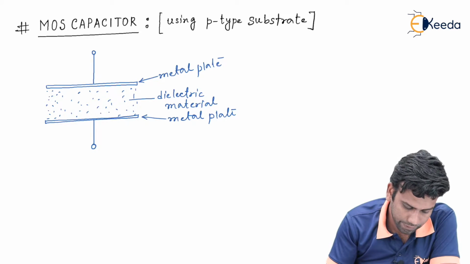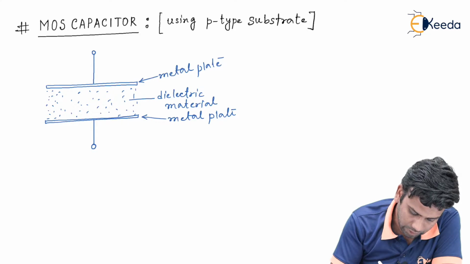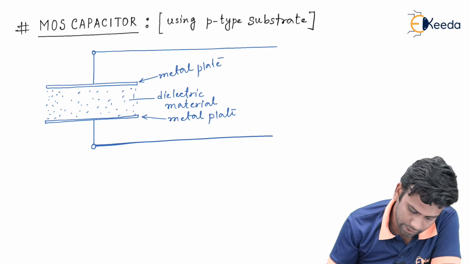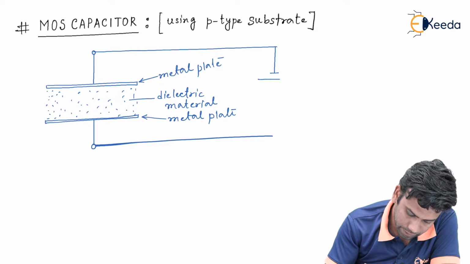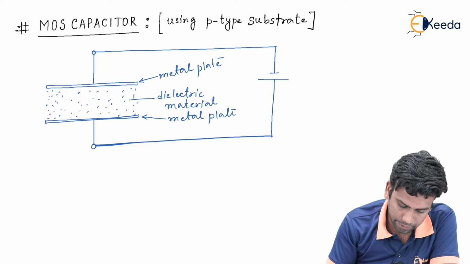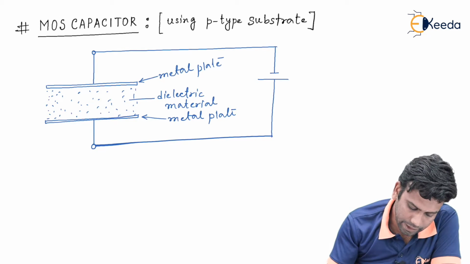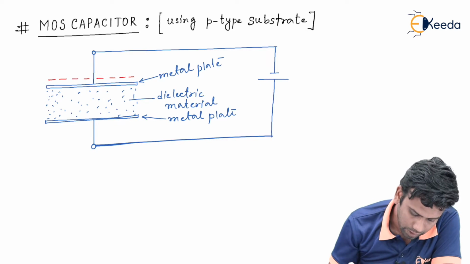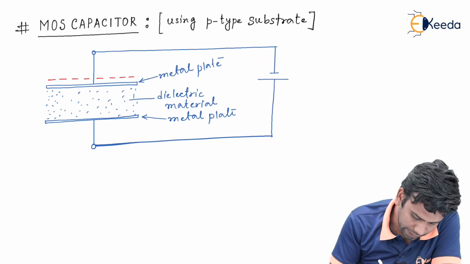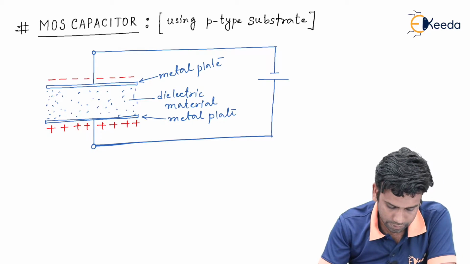Now if we give a negative potential to the upper metal plate and a positive potential to the lower metal plate, then negative charges will accumulate on the upper metal plate and positive charges will accumulate on the lower metal plate in this fashion.